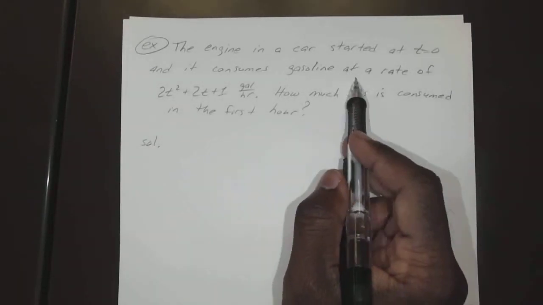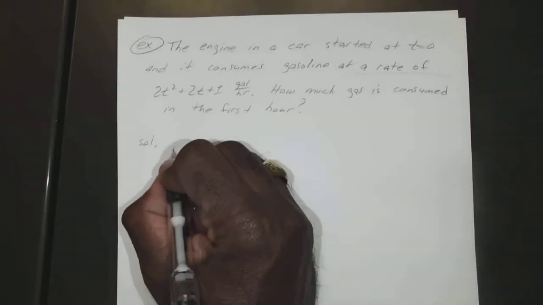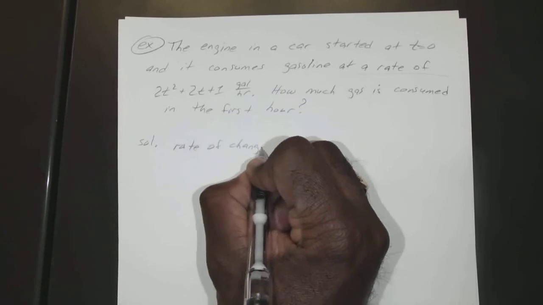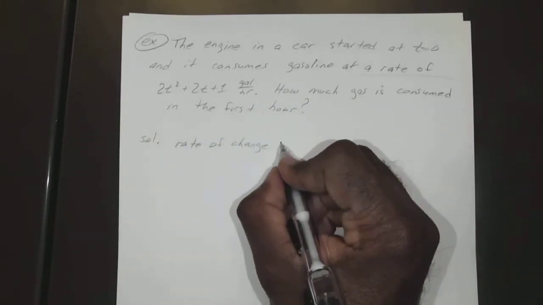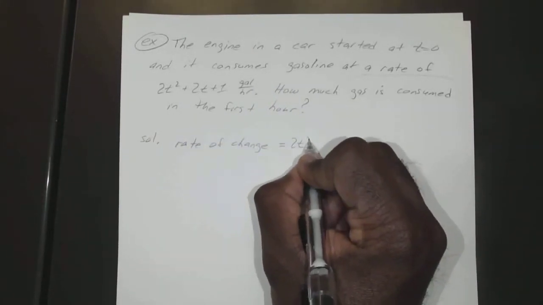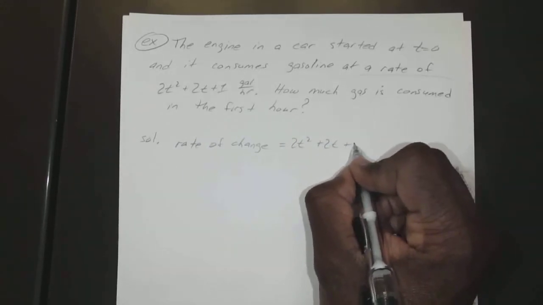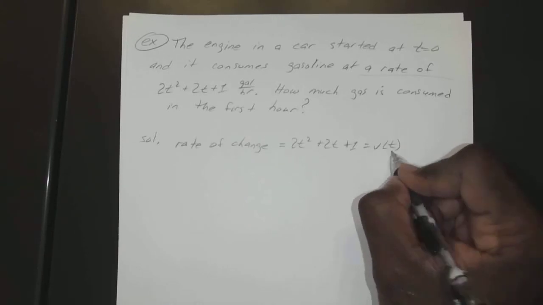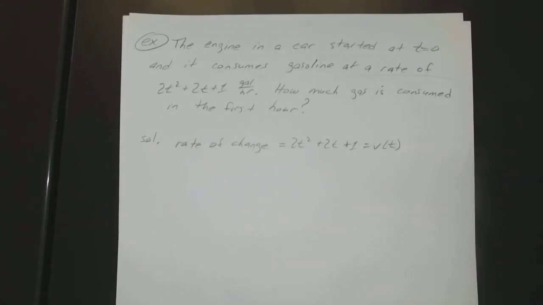Okay, so you know your rate of change is 2t squared plus 2t plus 1. So you know that's your velocity function. So you could put v of t, f of t, either one wouldn't really matter.